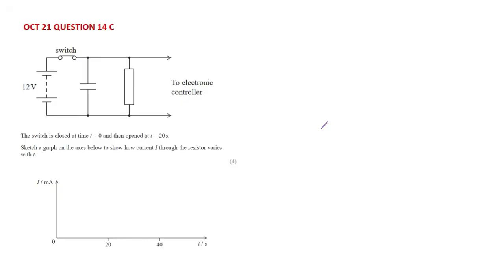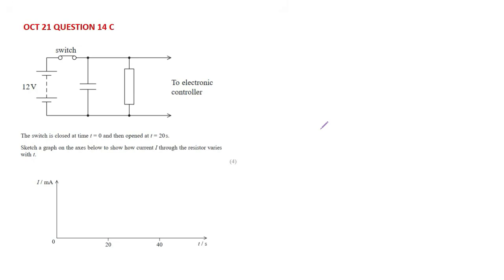Right. So when I saw this question, October 21, question 14, I was a bit disappointed. Full disclosure. Because the way I taught my students, they should know by now that when a question asks you about a current time graph, it's always exponential decay, whether it's a charging graph or a discharging graph.